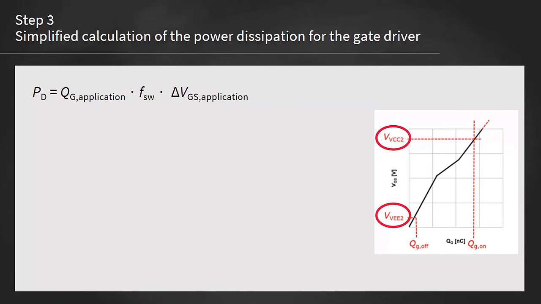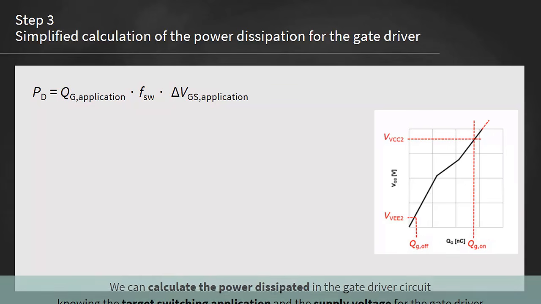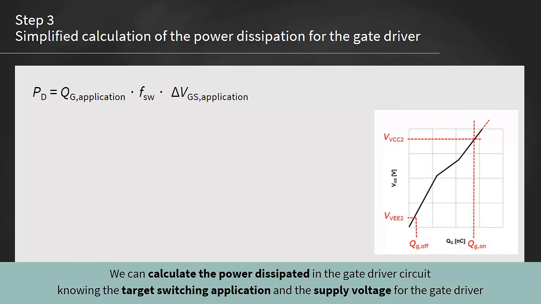It may be necessary to extrapolate the curve linearly if the visible range is not sufficient. Then the gate charge of the application can be calculated as the difference between the on-state gate charge and off-state gate charge.